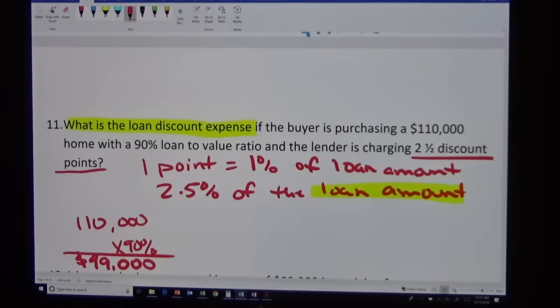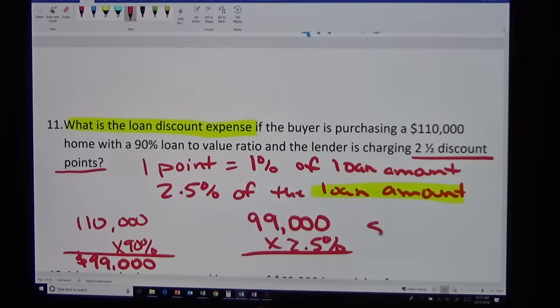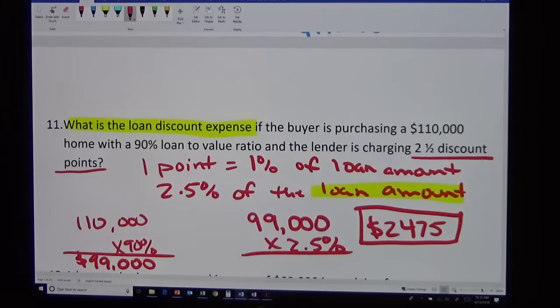That's our loan amount. So $99,000 times 2.5% gives us a total charge for the discount points of $2,475. $2,475 for the discount points.